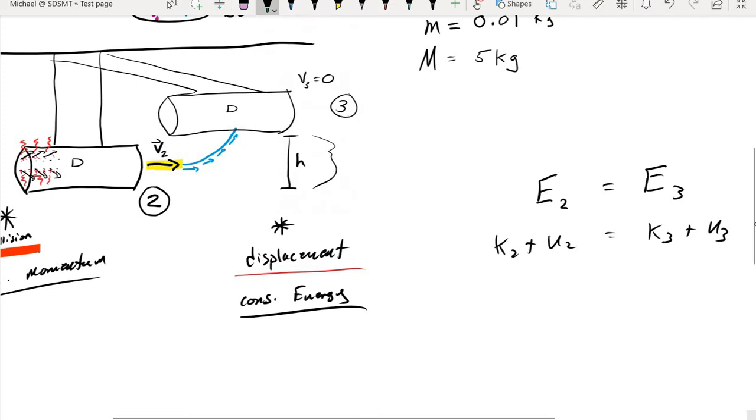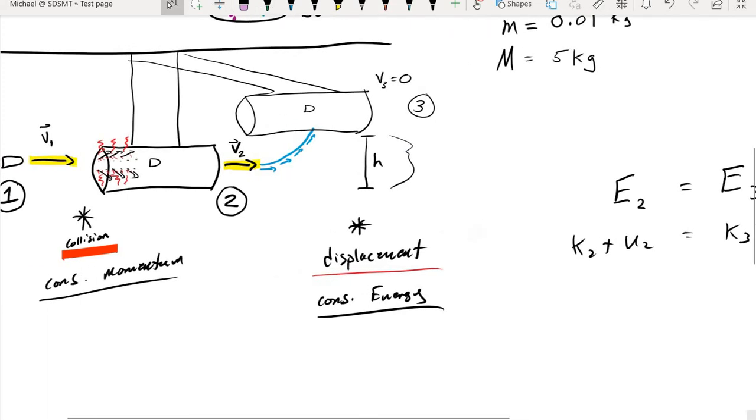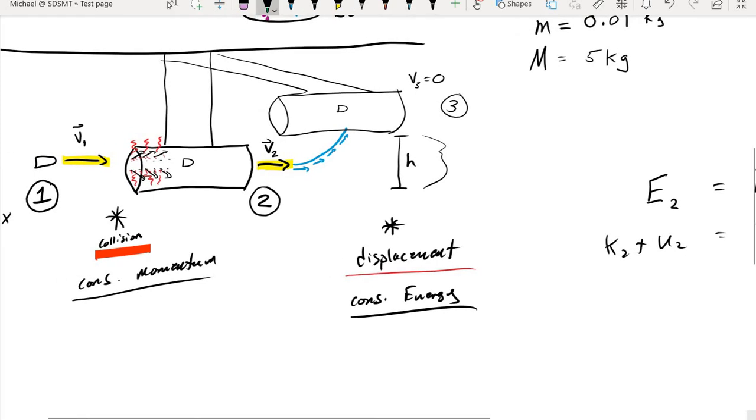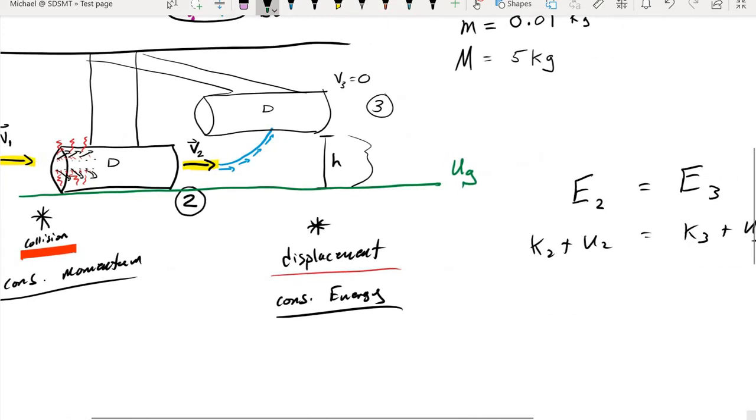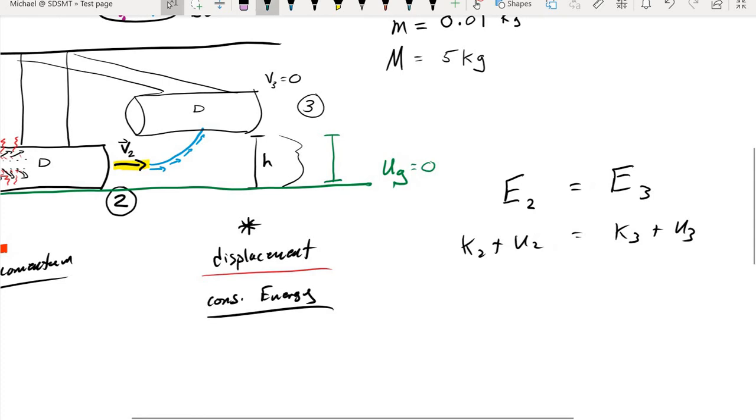And we'll go ahead and designate a 0 point for gravity. I'm going to go ahead and use the lowest point in the system. That's going to be where our gravity potential is 0, and then I can define anything above that as a positive value.